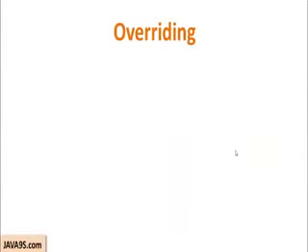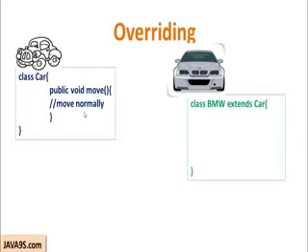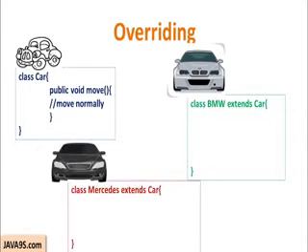So let us see the real concept of overriding, and how it can be implemented. Now you can see that the move method just has functionality related to moving normally. But when it comes to BMW, obviously we need a better method than the normal car's implementation. Then we have Mercedes, obviously it should also be better, else why would our CEO have bought the cars.